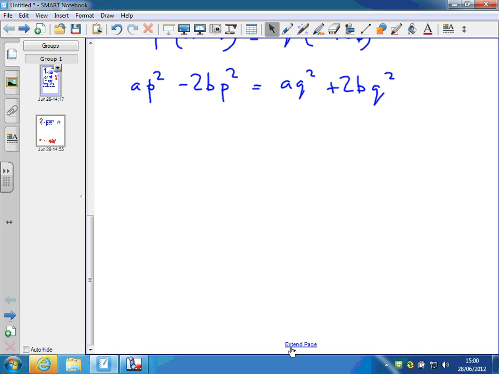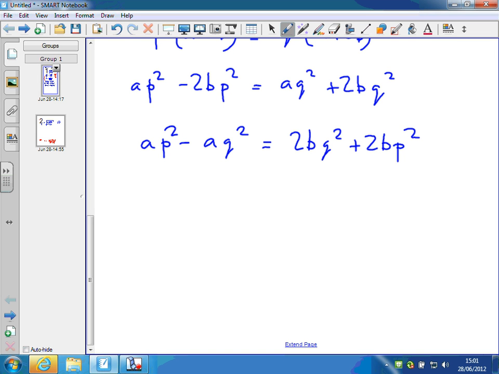So B is positive over here. So if I were to add 2B P squared to both sides, I'd have a positive answer. So that's good. So that means we're going to subtract AQ squared from both sides to bring it over to the left. So I'm going to get AP squared minus AQ squared equals 2B Q squared plus 2B P squared.